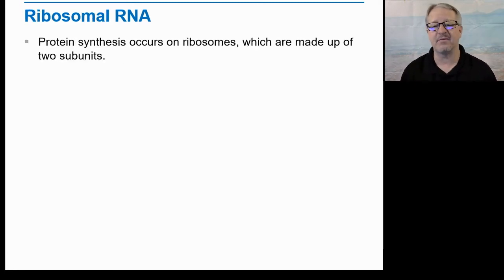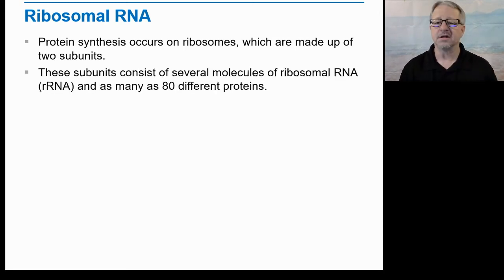Now, the second type of RNA is called ribosomal RNA or rRNA. Now, proteins are assembled on ribosomes, which are basically small little organelles, and they're composed of two subunits. So these subunits are made up of several ribosomal RNA molecules, and they can have as many as 80 different proteins that make them up.